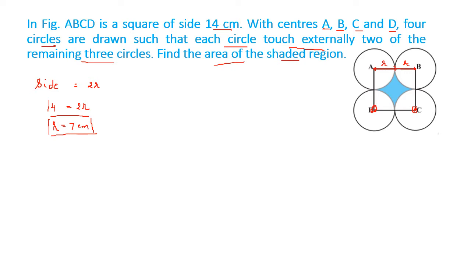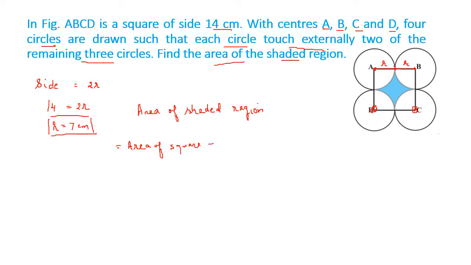So that will be very simple. You can see what we need to do. We need to find the area of the shaded region. How will you find it? It is equal to the area of the square.